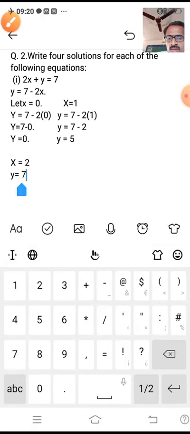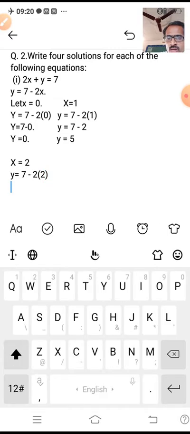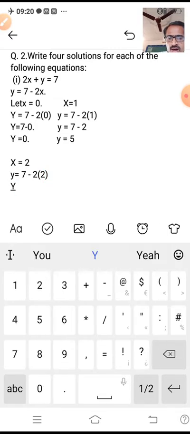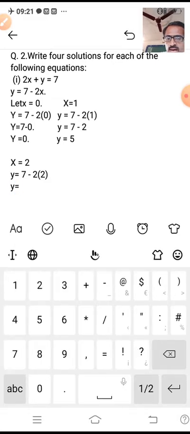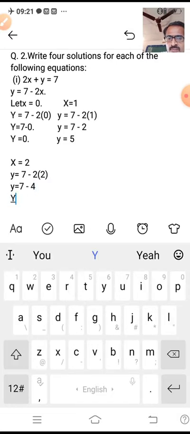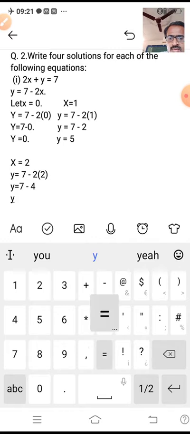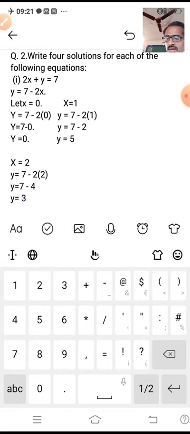So y equals 7 minus 2 twos are 4. So y equals 7 minus 4, which will be 3.